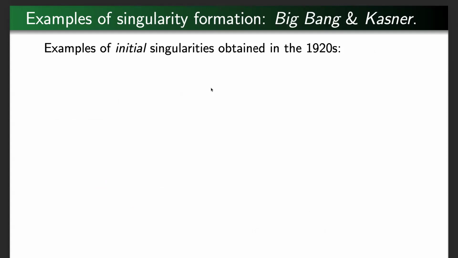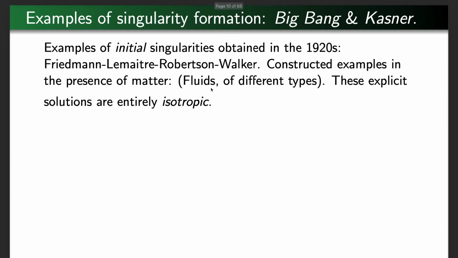So let me digress a bit and discuss singularities in a cosmological setting, which in principle is something completely different, but we'll find there actually is a connection. Okay, so this goes back to the 1920s. The most well-known are the Robertson-Walker singularities, which discuss isotropic fluids.